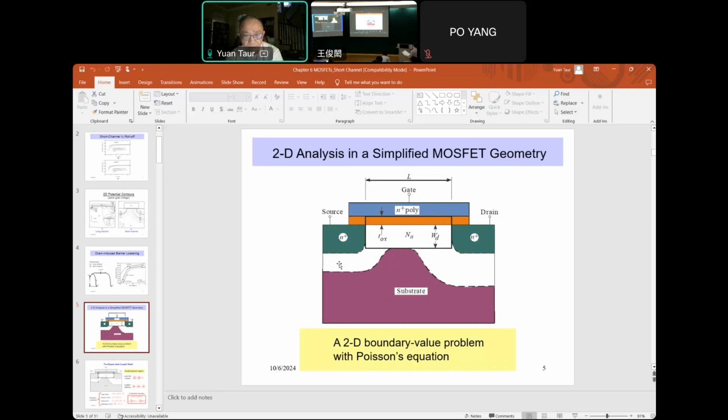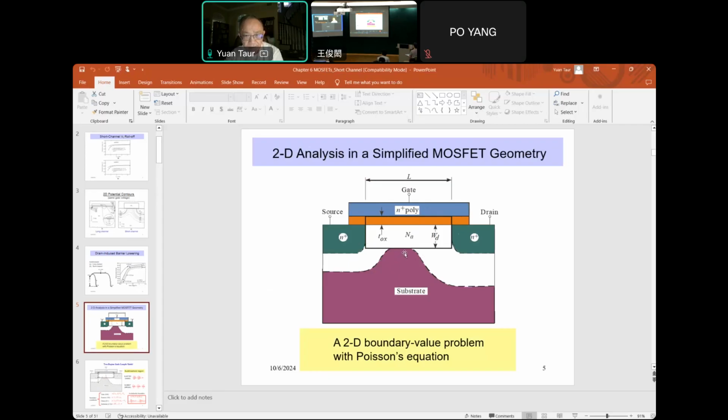Now, of course, we look at the depletion region of the junction and the gate. They are combined together, and it's not in a regular shape. It's hard to solve, so we simplify it by considering this rectangle instead of the actual shape. The left and right boundaries are defined by the source and drain, assuming that source and drain are very heavily doped, so there's not much depletion going on.